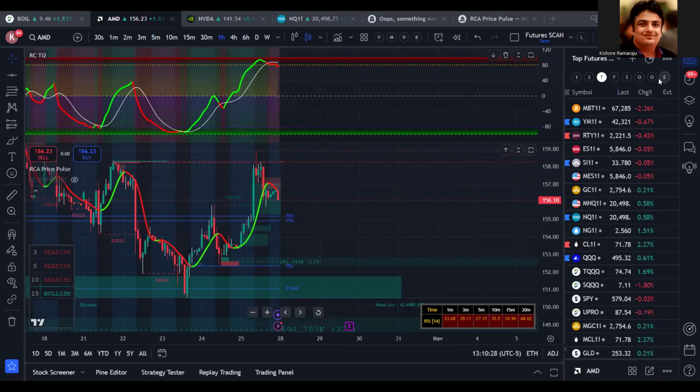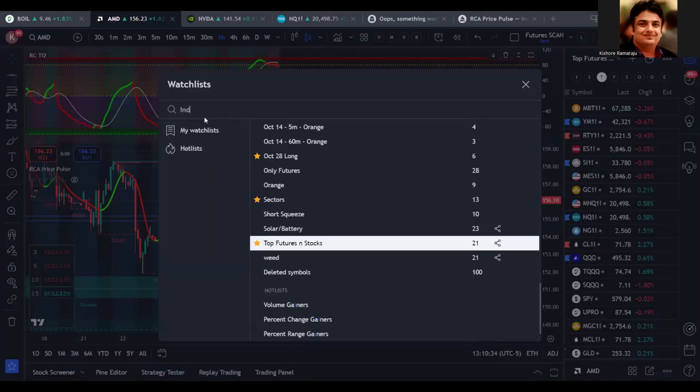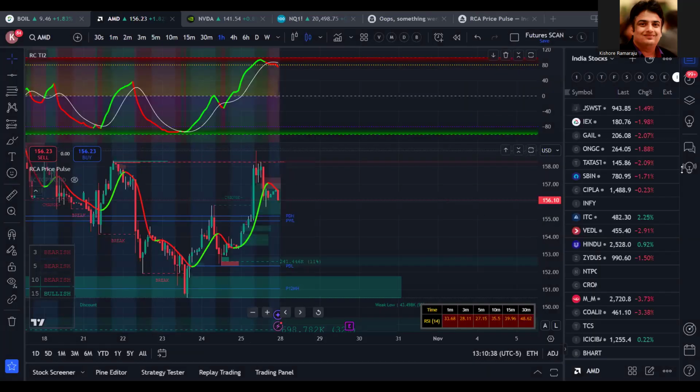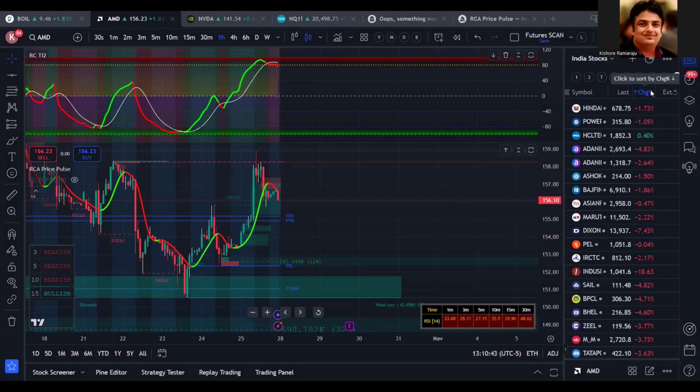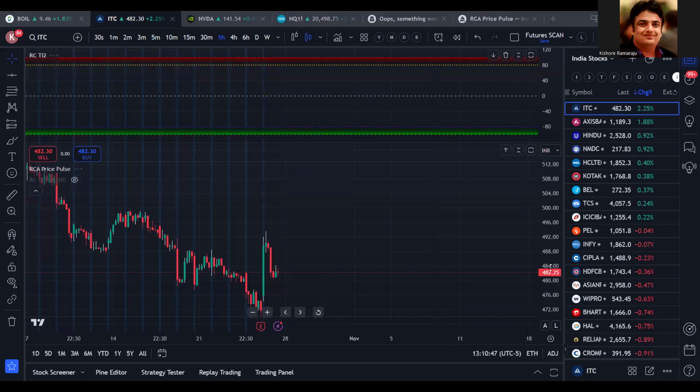Even in the night time, let us say you want to trade India stocks. Again, you follow the same strategy.